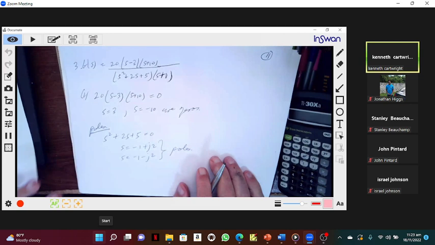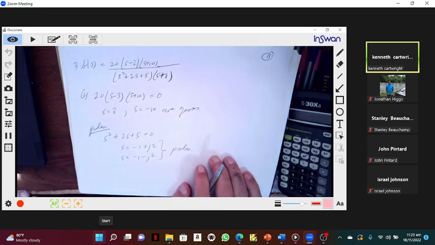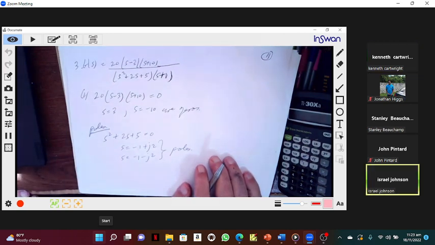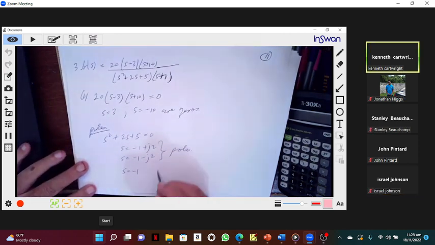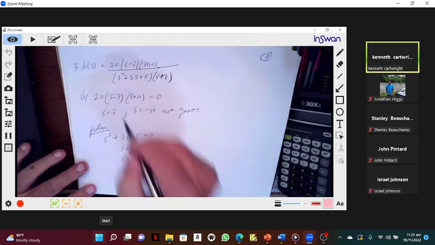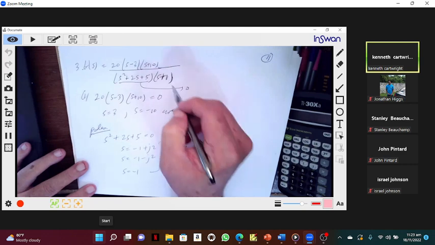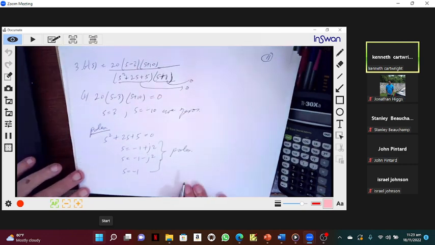I'm asking you, what are the poles? S equals -1, as well as -1 plus j2 and -1 minus j2. Yes. Why? Because when this goes to 0, and when this goes to 0, that's when the denominator goes to 0.